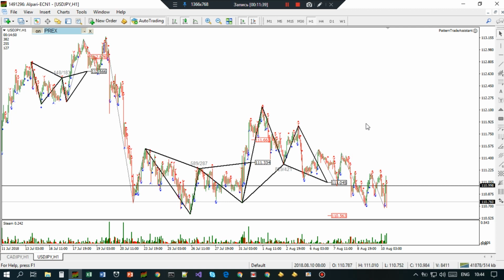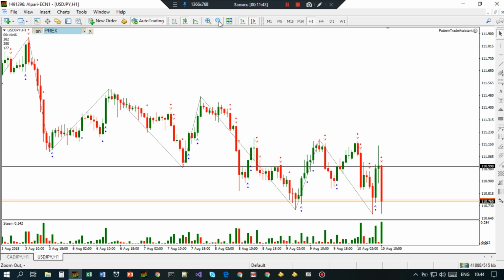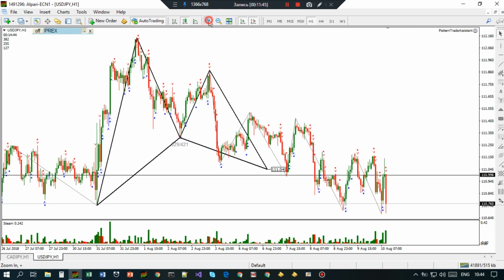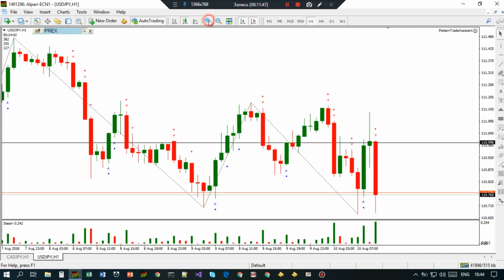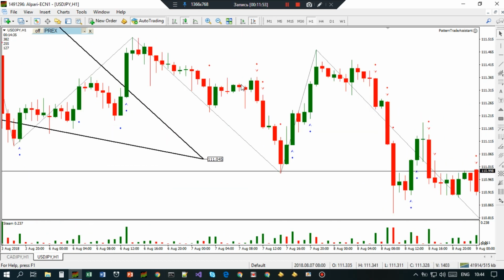So what I want you to pay attention to is the price action here. Let me zoom it in more. Okay, so let me move it here. So look at the price action while it moves to the downside and when it moves to the upside.